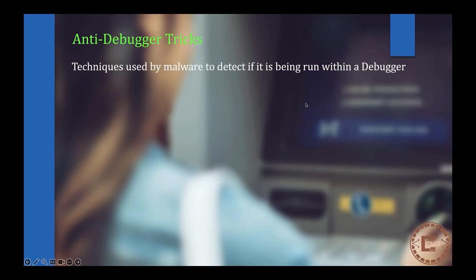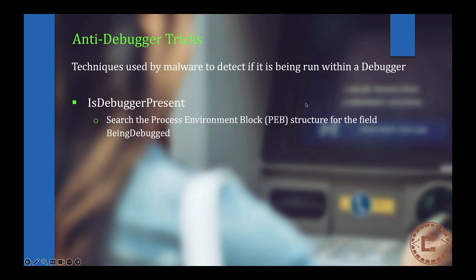So as I said, these techniques are for malware authors to see if they are being run inside a debugger. The basic 101 check is the Windows API IsDebuggerPresent. Basically they call this function, and this function walks the process environment block. Don't worry about the process environment block. We will see that in detail because we are going to be using it for malicious purposes.